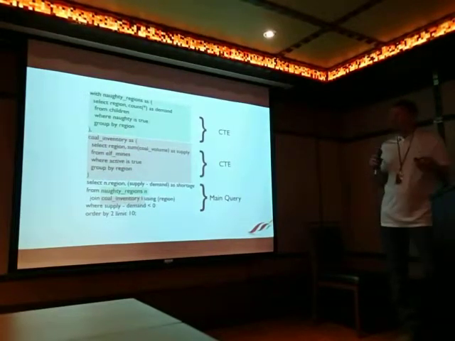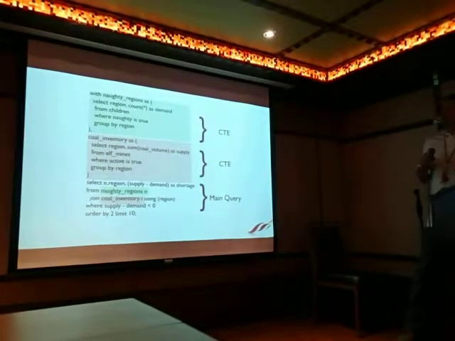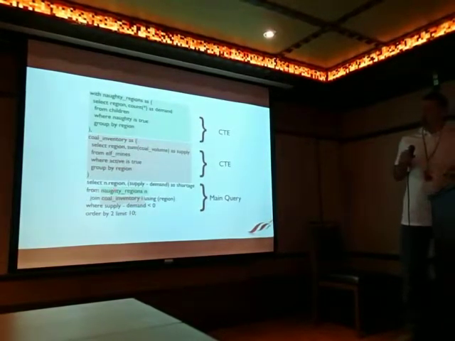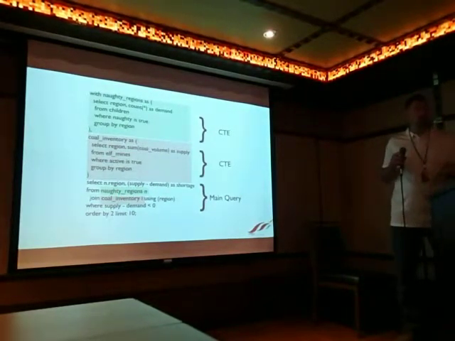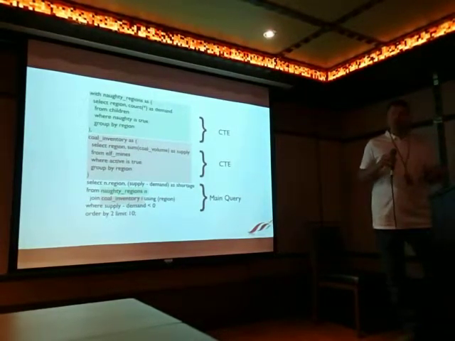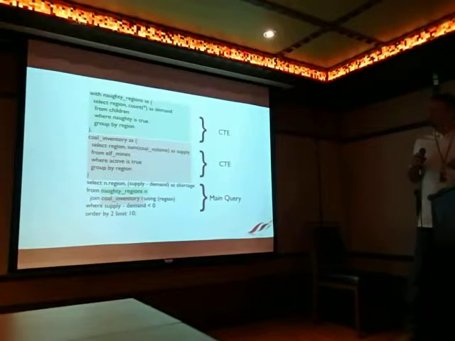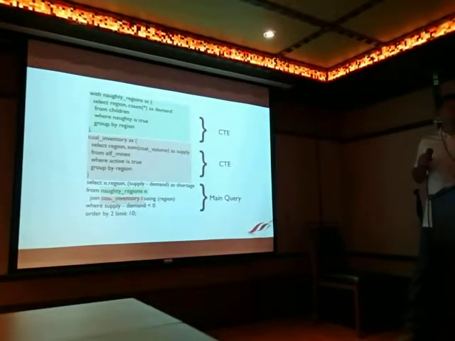What that's going to do is fill naughty regions with the report of the region and a count of the children that are naughty. So later on in your query, anywhere past this point, you can refer to this just like you would a normal table. Okay? Here we have 2 different common table expressions, and we have 2 different tables that we're going to use at the end of our query.